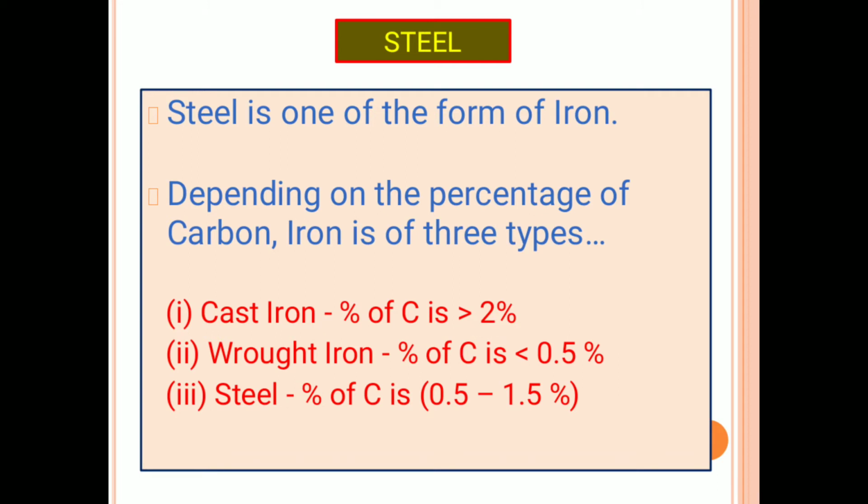Next, second one is wrought iron. In wrought iron, the percentage of carbon is less than 0.5. And last one is steel. In steel, the percentage of carbon is between 0.5 to 1.5 percent.